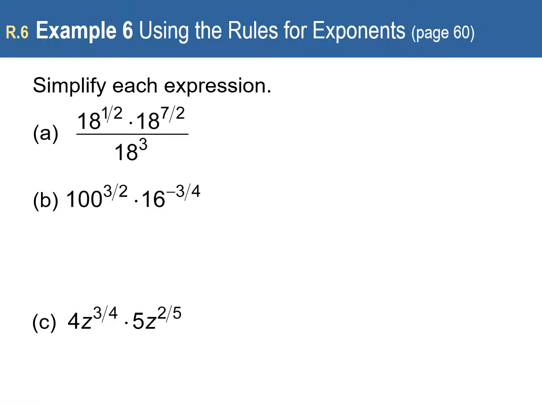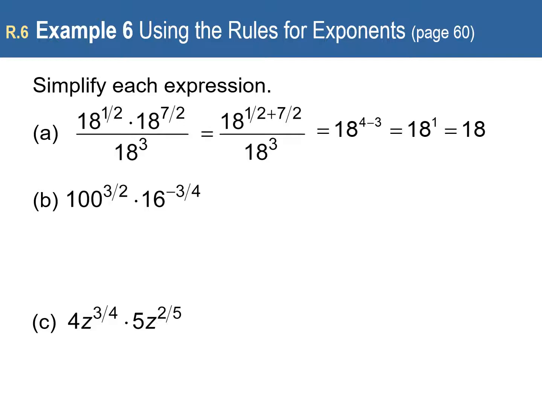Now let's simplify these expressions. For the first one, let's combine the numerators. So 18 to the 1/2 plus 7/2 divided by 18 cubed. 1/2 plus 7/2 is 8/2, which is 4. So 18 to the 4 minus 3 is just 18.